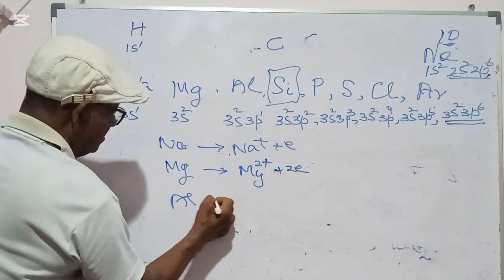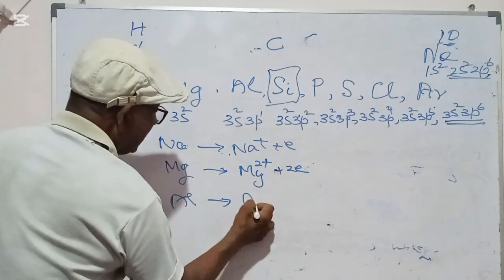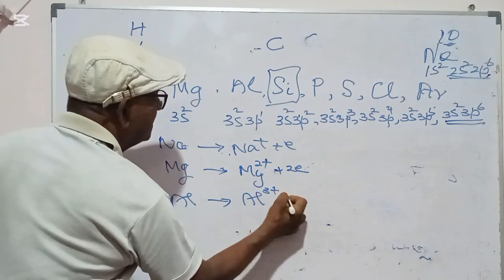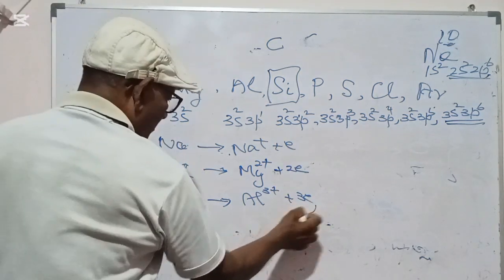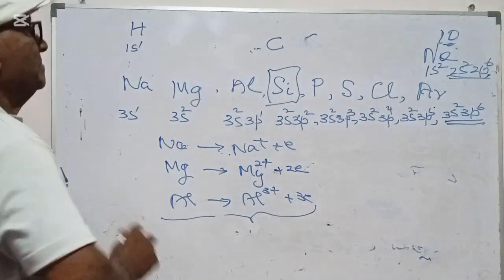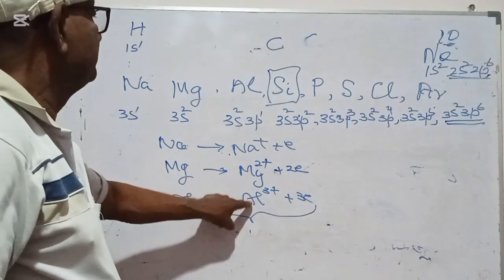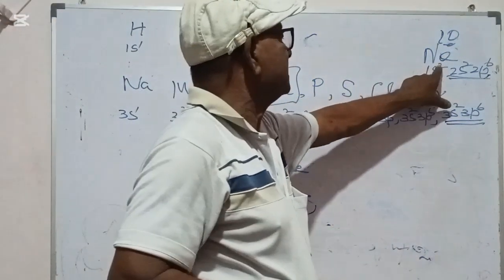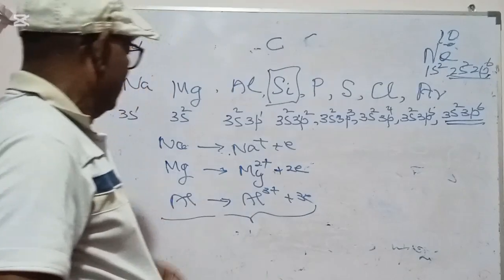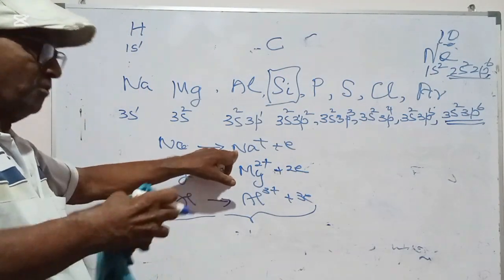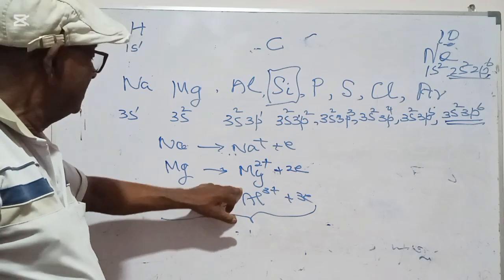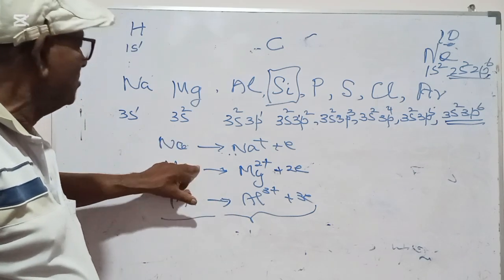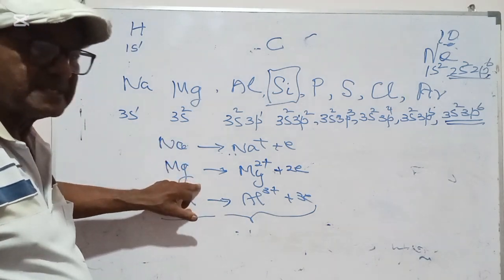Aluminium also becomes Al3+, removing 3 electrons. All of them become the configuration of neon with the formation of respective ions, with the removal of outermost electrons.